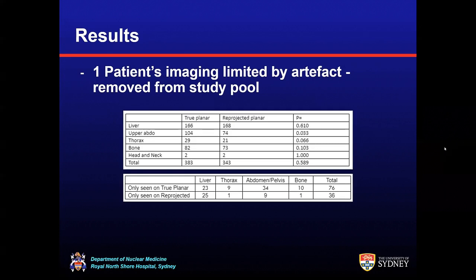The upper abdomen difference was statistically significant with a p-value of 0.033, and I will get into why in a little while. The 40 lesion discrepancy overall can be seen in the table below, where 76 lesions were identified on the true planar and 36 on the reprojected. The majority of these were hepatic or abdominopelvic lesions.